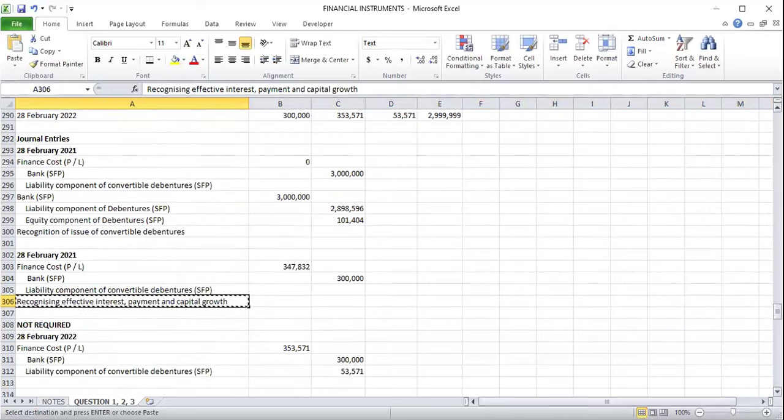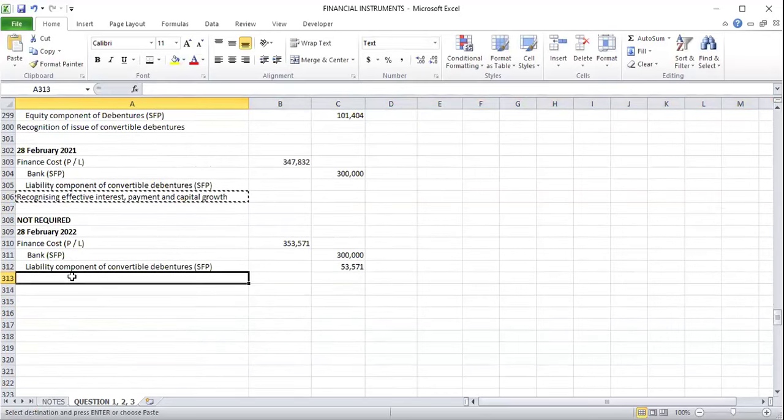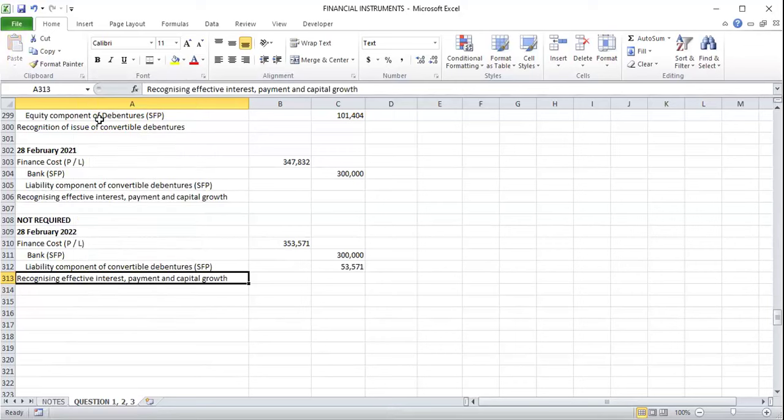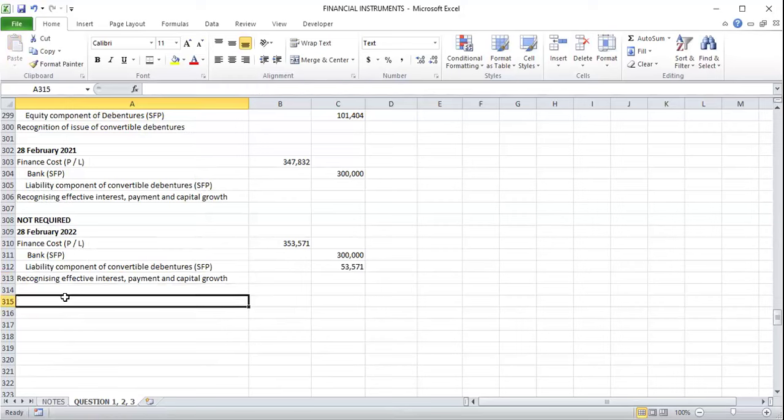Then on that date, remember 28 February 2022, that's when the holder of the debentures will decide whether to get cash or get shares. Right.